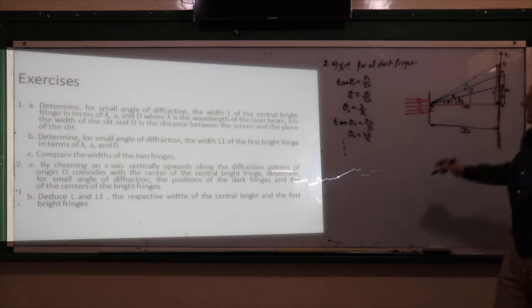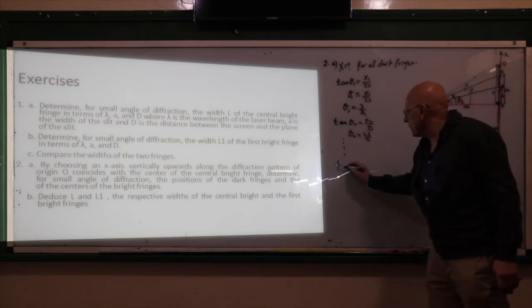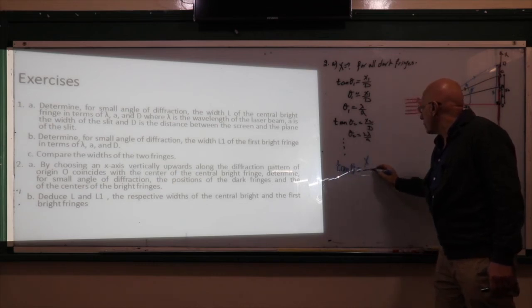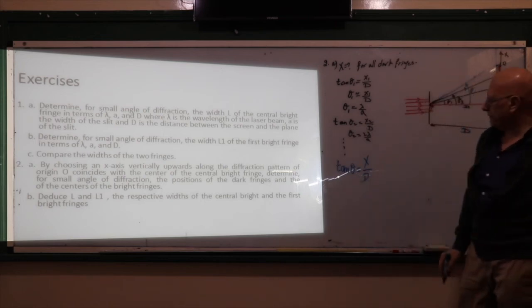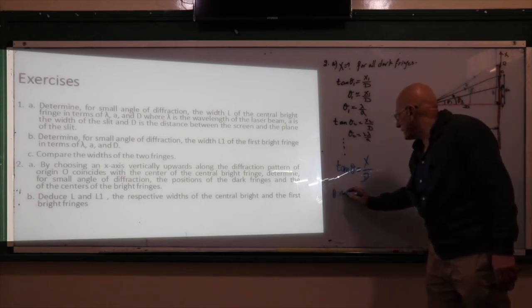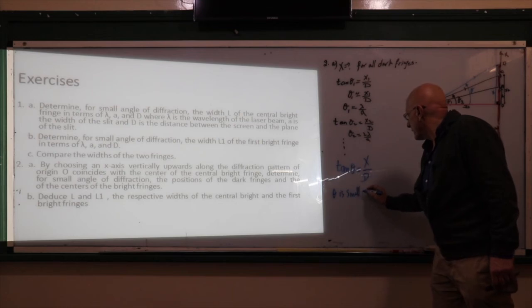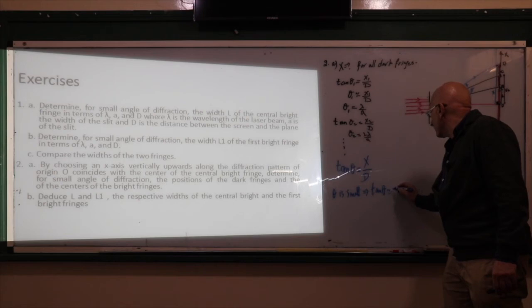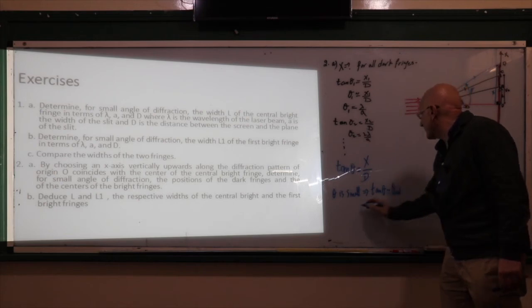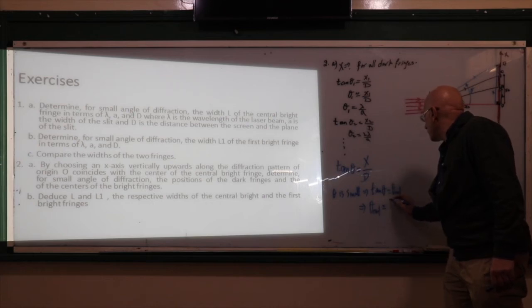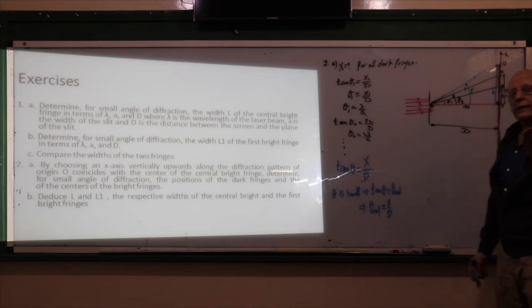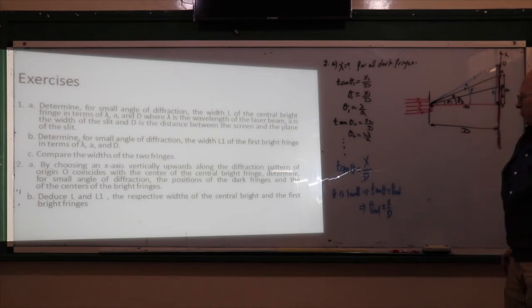As you see, this triangle is right. So I write tangent theta equal X over D. Since theta is small, this implies tangent theta is approximately equal to theta in radian. This implies theta in radian is approximately equal to X over D. This is theta for any dark fringe.